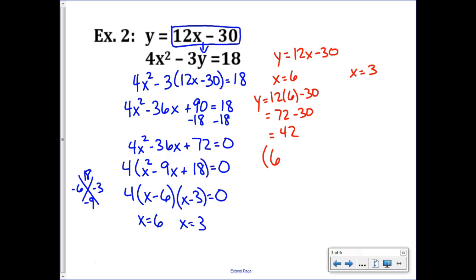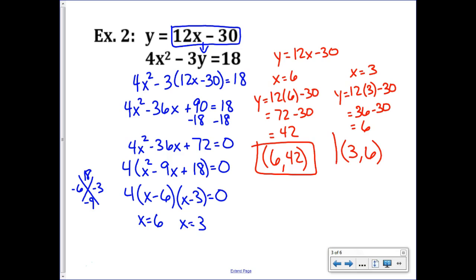So I get 6, 42 as an answer. And then I get y equals 12 times 3 minus 30. So that equals 36 minus 30. So I get 6 as an answer. So then I get 3, 6 as my other value. So 6, 42 and 3, 6 are my two values there.